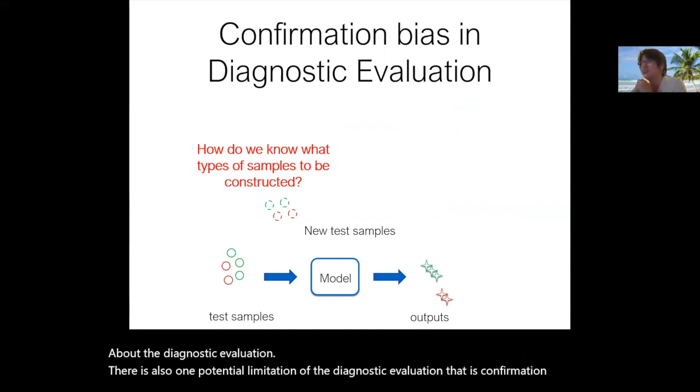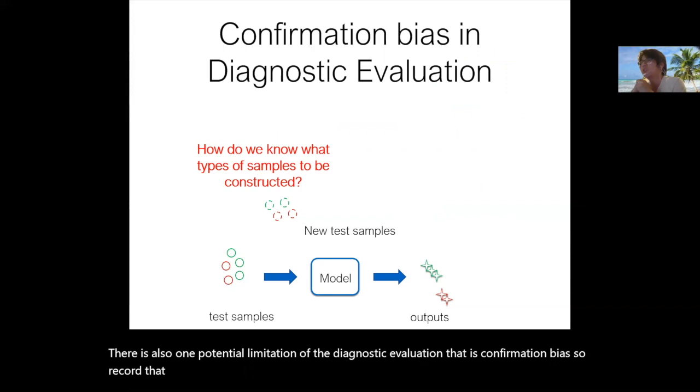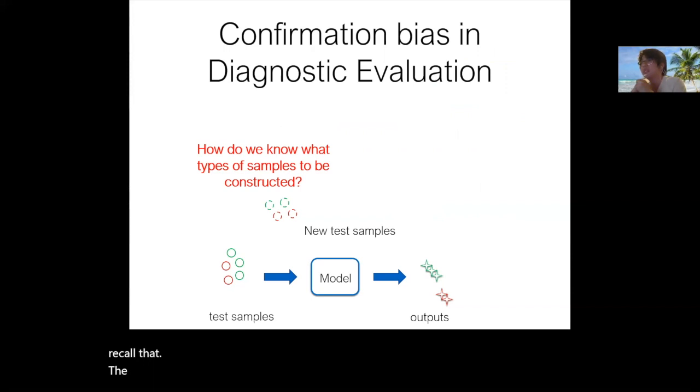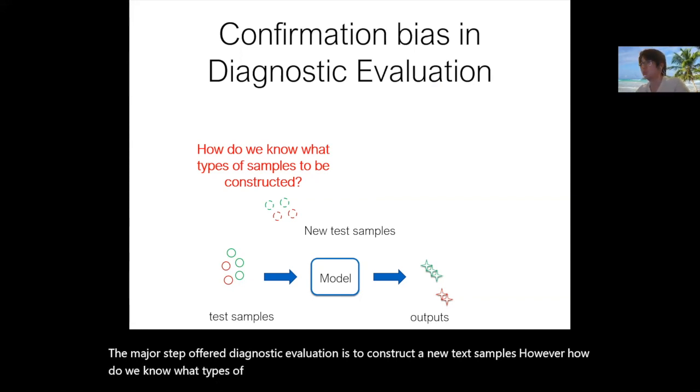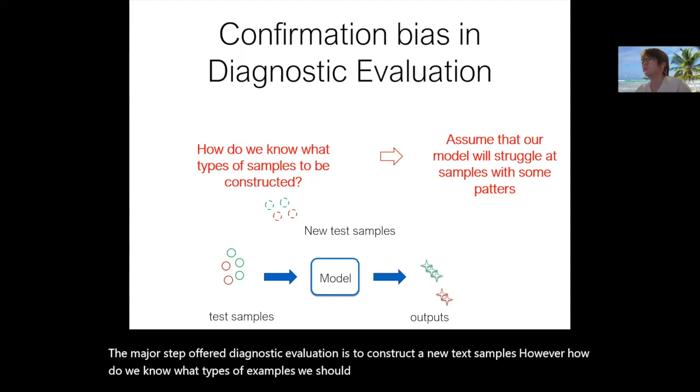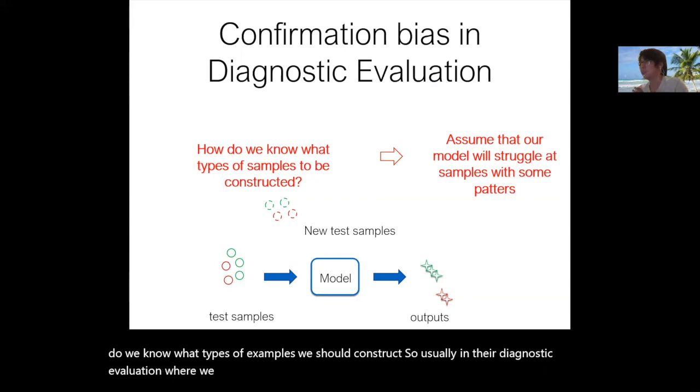Recall that the major step of a diagnostic evaluation is to construct new text samples. However, how do we know what types of samples we should construct? Usually in diagnostic evaluation, we assume beforehand that our model will fail when dealing with specific samples with some error patterns.